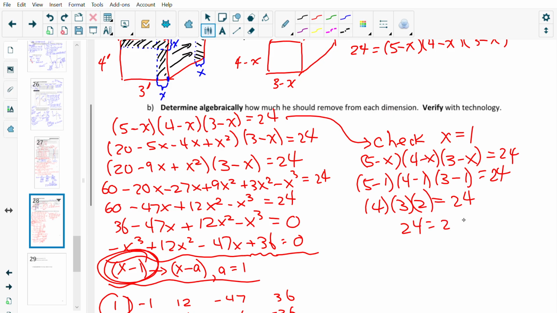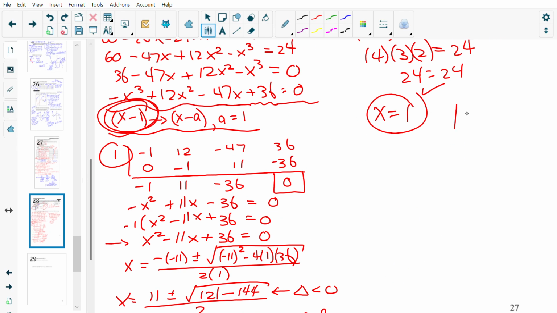And 4 times 3 is 12 times 2 is 24 equals 24. Left side equals right side, so my solution is x equals 1.